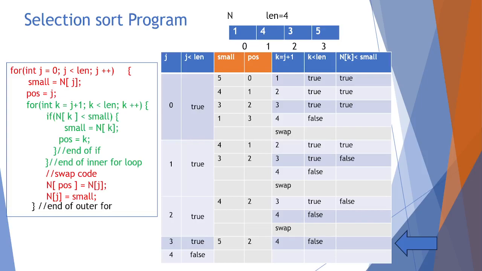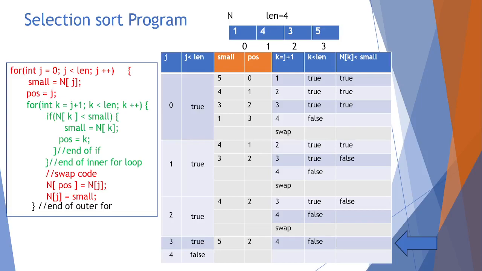Now j plus plus, outer for loop. j is 1, and initially whatever is there at index 1 will be the small, that is 4, and 1 its position. Then comes k is equal to j plus 1. So 2, 3, 4, these 3 times the inner loop works.